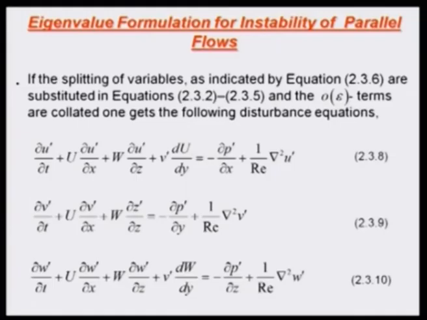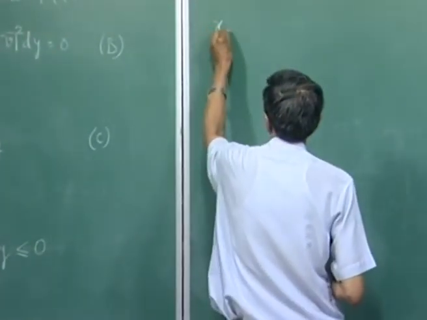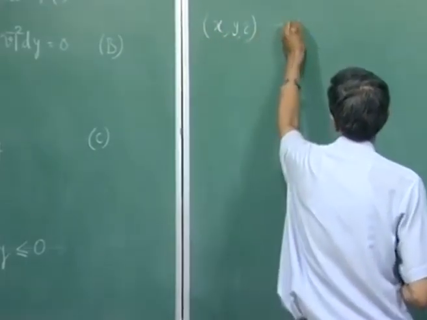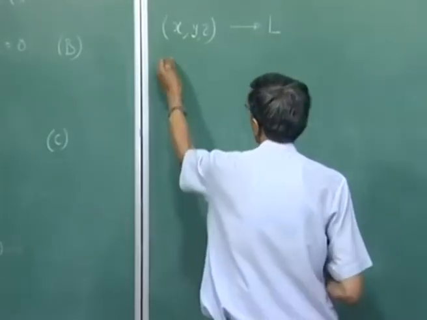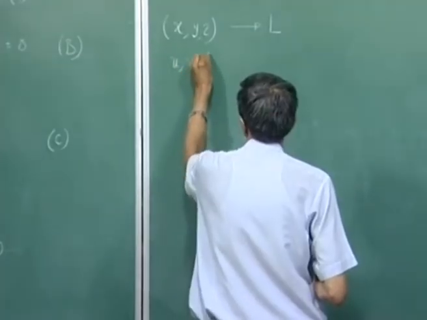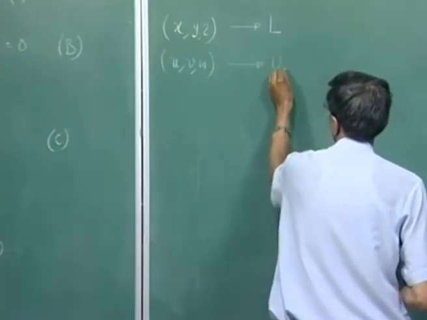So, what you do is basically you assume some kind of a length scale and some kind of a velocity scale and write down the Navier-Stokes equation in those terms. So, let us say for length scale, if you have x, y, z, you refer it to some length scale L, and the velocity components, whatever we have, the total quantity, we will talk about this.